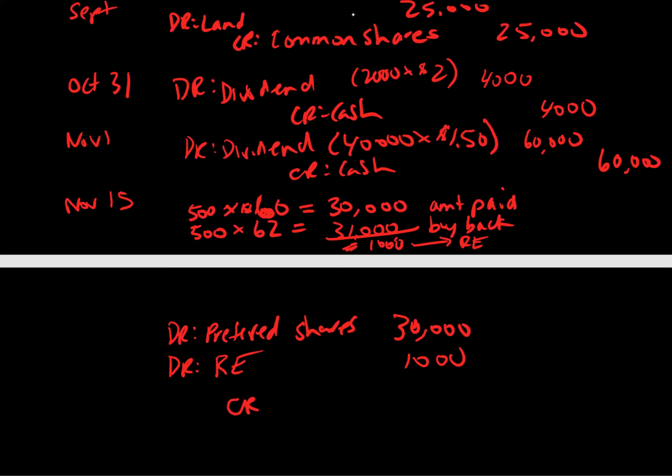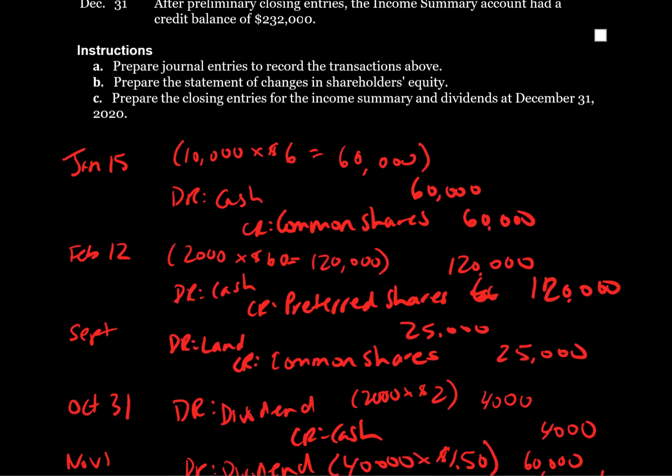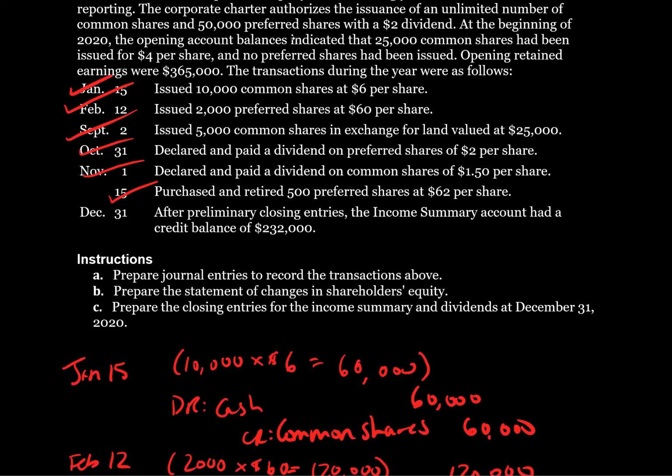And then credit cash, because we're paying back $31,000 for those shares. We're buying back 500 shares at $62 per share. Okay, so we got that one. And this one here is a closing entry through retained earnings, so that's not something we need to journalize. So for now, we did everything for A.